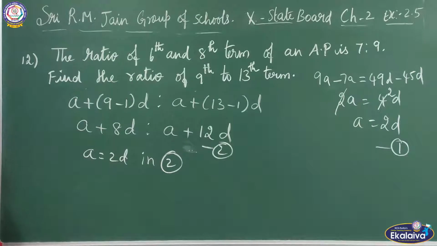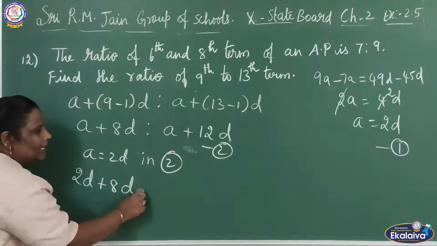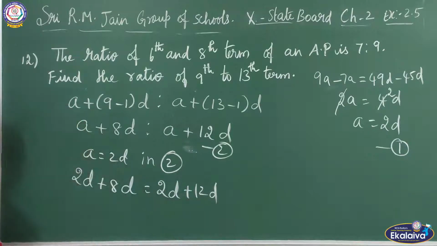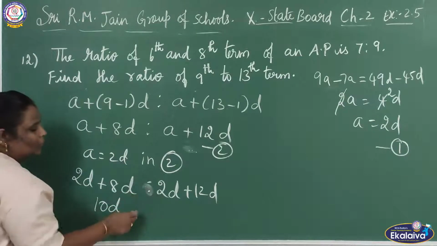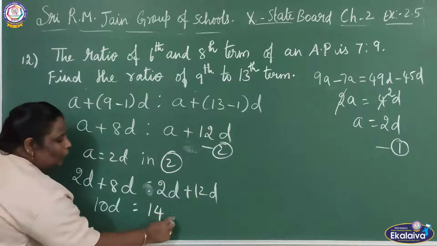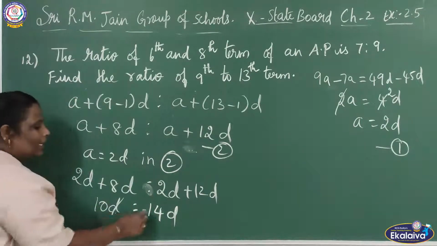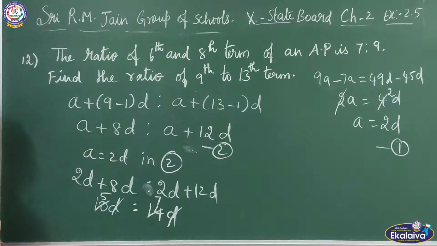You substitute the value of A equal to 2D in the second one. So you get 2D plus 8D is to 2D plus 12D. So it gives 10D is to 14D. The Ds get cancelled. 5 2s are 10, 7 2s are 14.